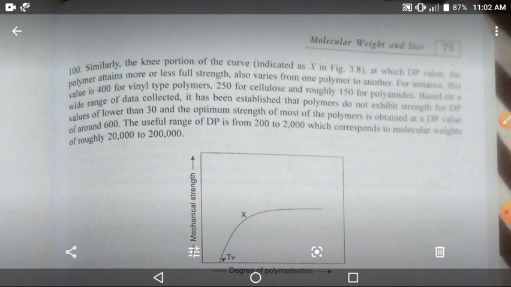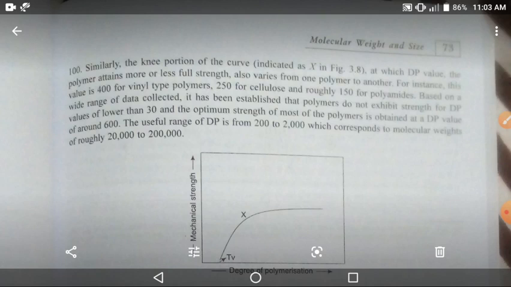The degree of polymerization at which the polymer attains more or less full strength also varies from one polymer to another. For instance, this value is 400 for vinyl type polymers, 250 for cellulose and roughly 150 for polyamides.